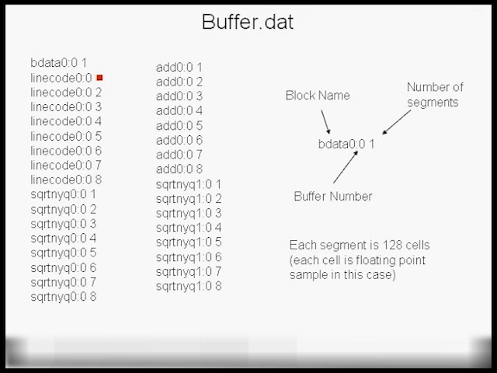And since each segment is only 128 samples, it would actually have to allocate 8 segments in order to accommodate all the samples generated by bdata. So we see that line code would actually use 8 segments in order to accommodate the oversampling, because it'll generate more samples per bit.